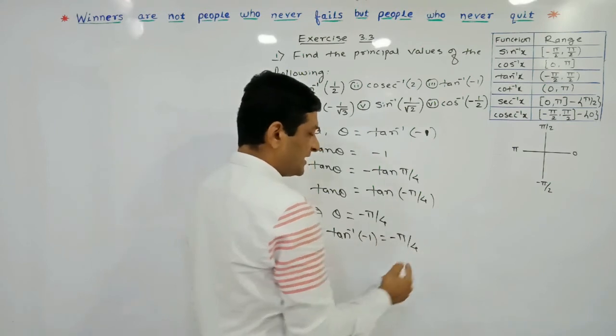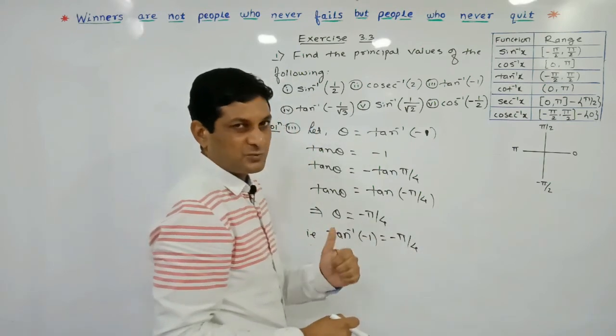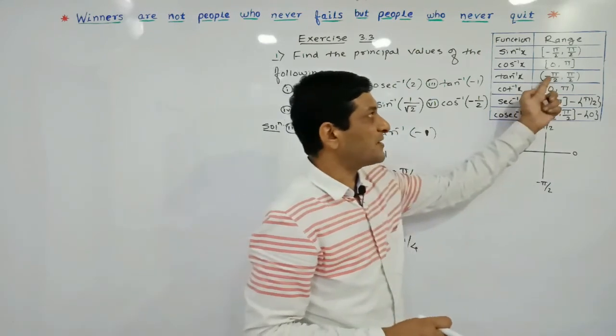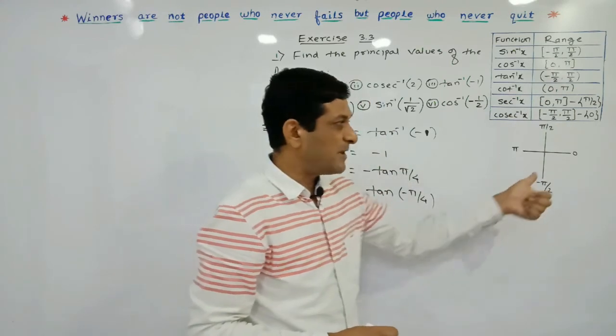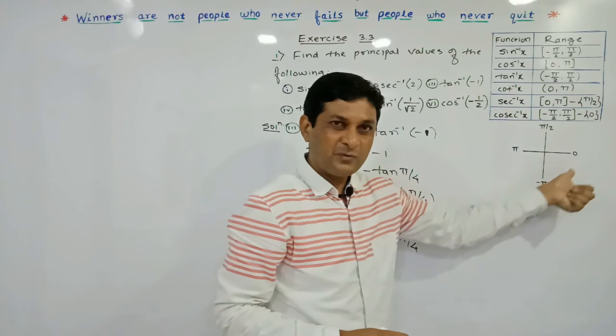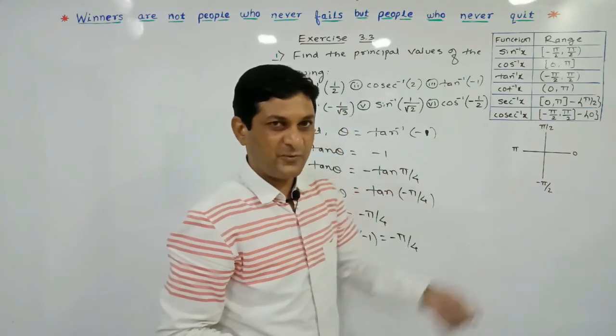Tan inverse of -1 is equal to minus pi/4. Since this is the value of tan inverse, we have to check whether it lies in the range or not. Yes, it lies in the range, between minus pi/2 to plus pi/2. Minus pi/4 lies between 0 to minus pi/2, means in the fourth quadrant.